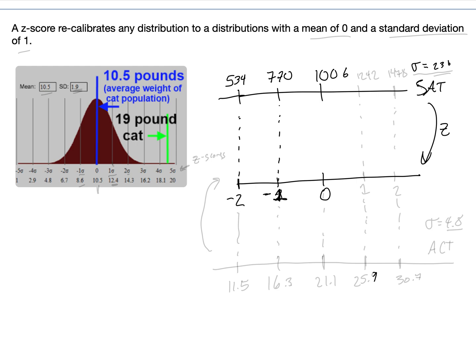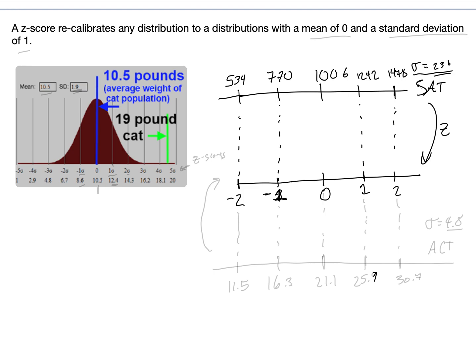If we went in the other direction, if we added 236 to 1006, we would have 1242, and that would map down to a z-score of +1 because it's 1 standard deviation above the mean. And if we added another 236 to that value, we'd have 1478, and that would map down to a z-score of +2 because it's 2 standard deviations above the mean.